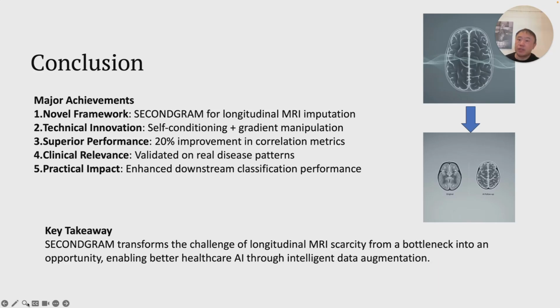And we have a gradient manipulation approach to ensure learning stability. We have shown that the performance of the model is significantly better than many other baseline augmentation strategies, and this approach can be used to improve classification performance for other real disease diagnoses.